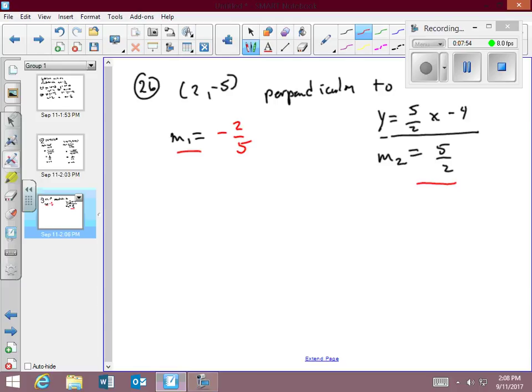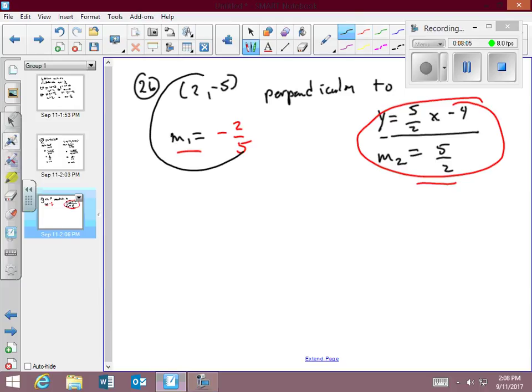So now we're done with this equation. We've used it to the extent we needed to do the calculation. So now what we have to do is we have to take the information we have right here and place it into our point slope formula.